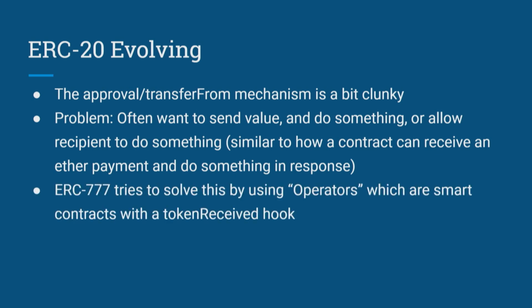Now, there's a few other ways to solve this. 777 has this notion of operators, which are smart contracts that are like basically acting on behalf of the receiver. And they can basically file a hook with the token contract. They can like tell the token contract, hey, if I receive stuff, give me a shout.